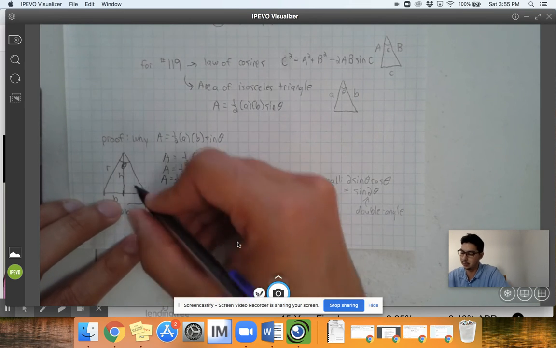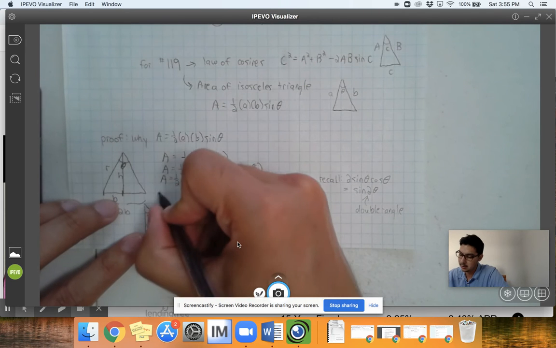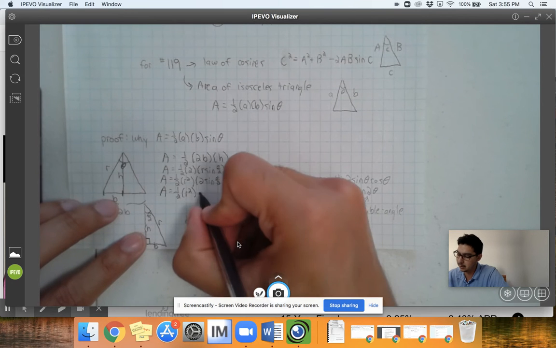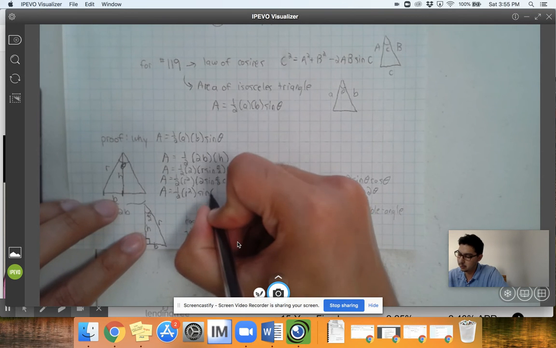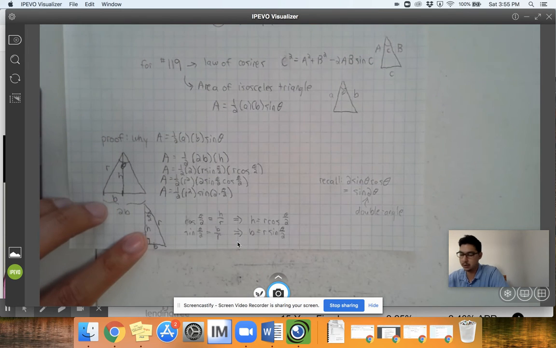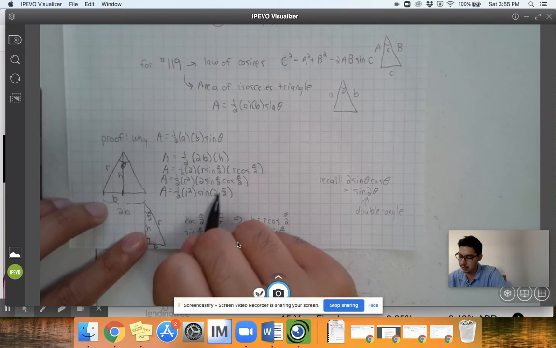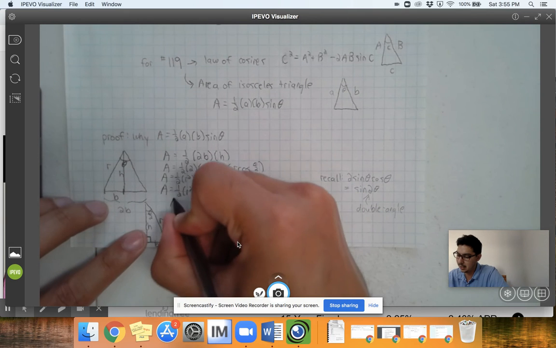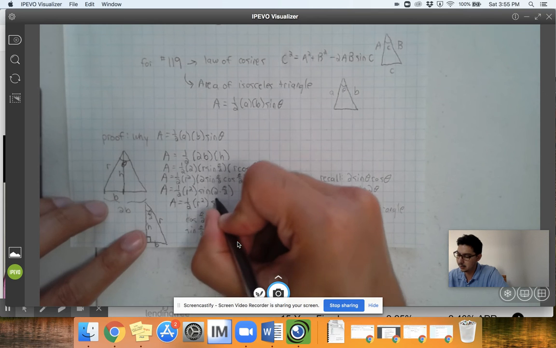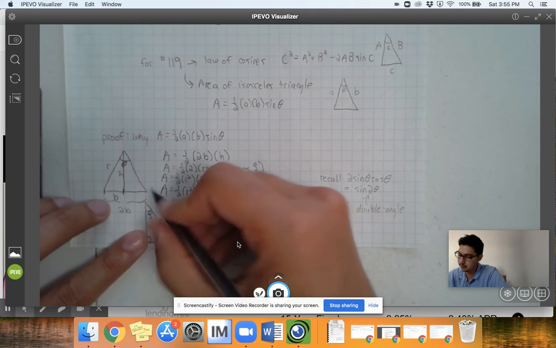So this is a double angle, so we can actually write this as area equals 1/2 r squared, and all of that will be sine of 2 times that angle, theta over 2. Hopefully you see it now, that double the angle of that half is going to net us 1/2 r squared sine of theta.